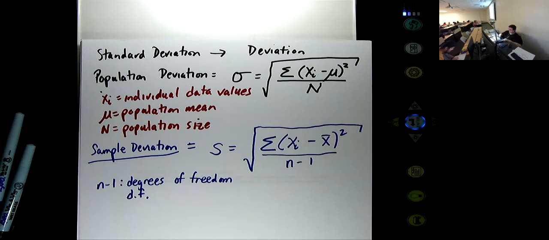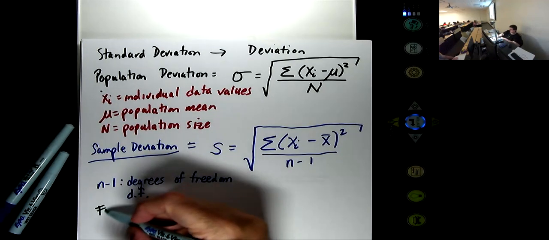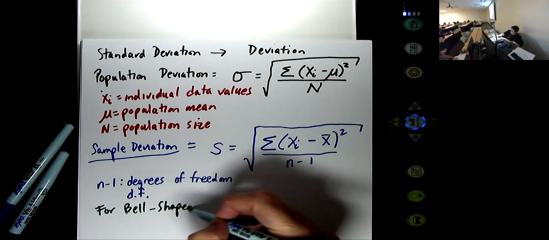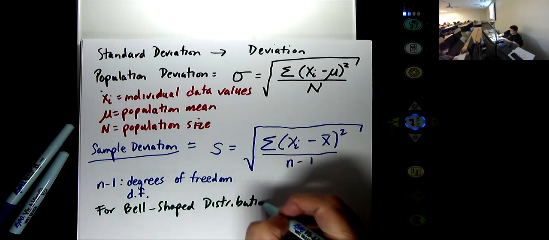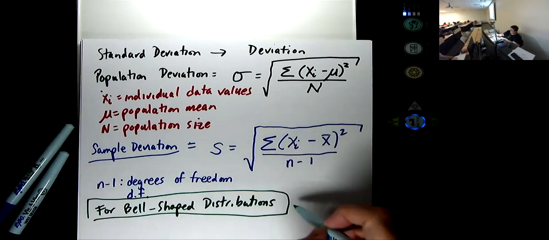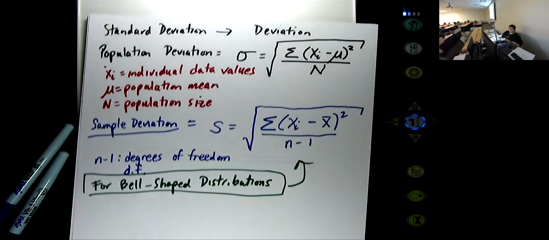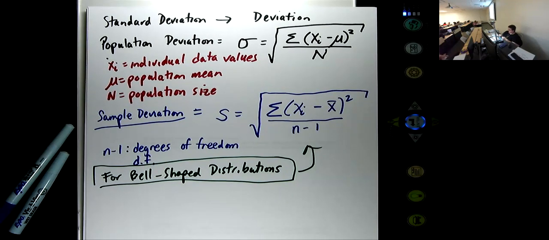And these are the formulas for bell-shaped distributions. Thankfully, you've already learned the command for how to do this in StatCrunch.